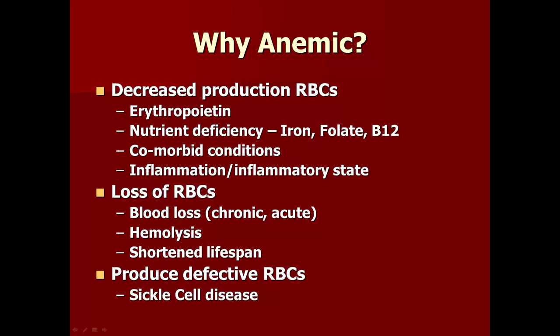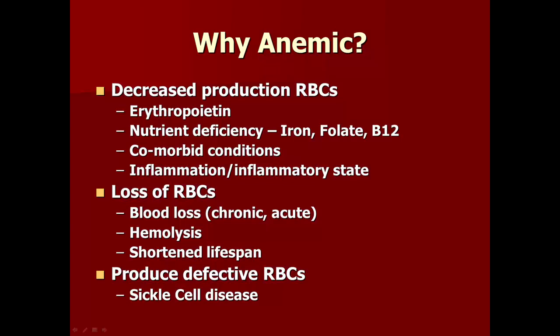What about shortened lifespan? Well, we know that the average normal lifespan for a red blood cell is about 120 days. Disease processes can shorten that lifespan. Any chronic inflammatory disease can shorten red blood cell lifespan. You're not going to be surprised that I'm going to mention kidneys.